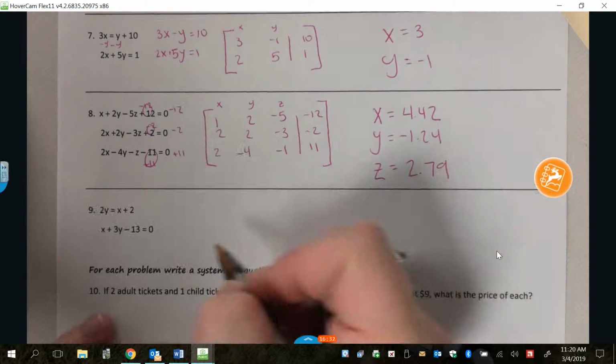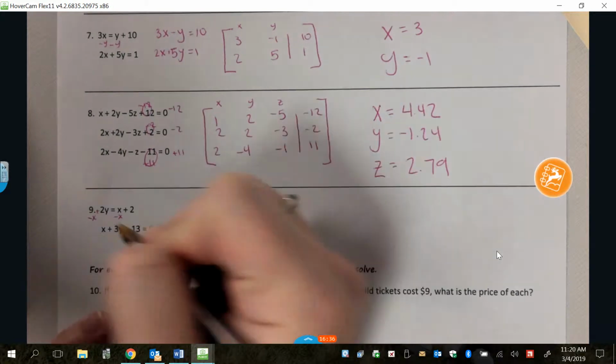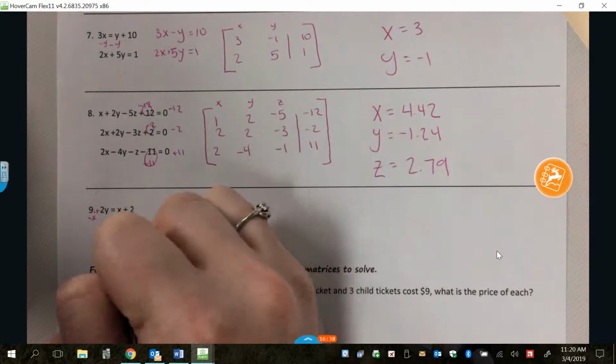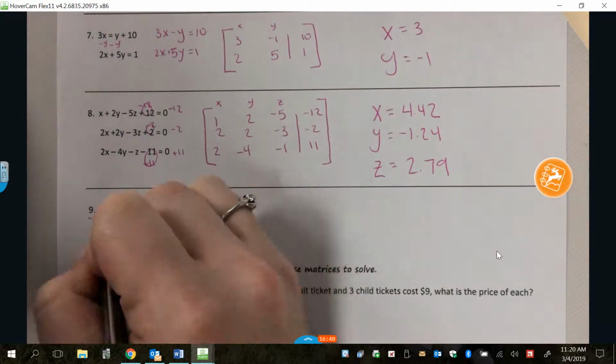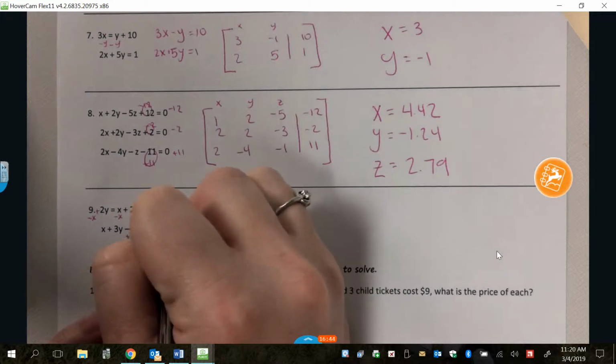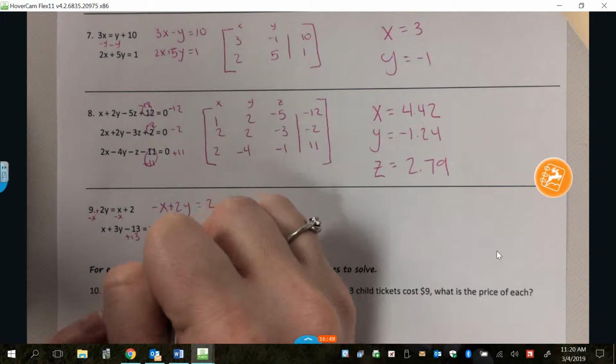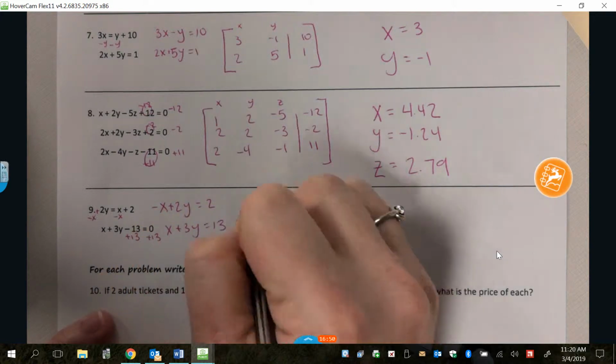Last but not least, so I'm going to subtract x from both sides. Remember, that's a positive 2y. Here I'm going to add 13 to both sides. So the reason I put that x in front is because I want an xy. So negative x plus 2y equals 2. Here I get x plus 3y equals 13.